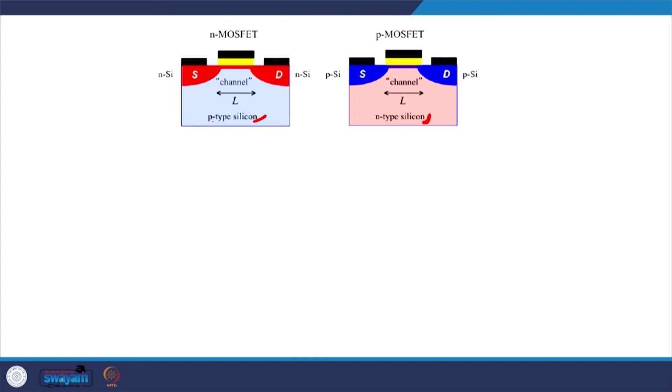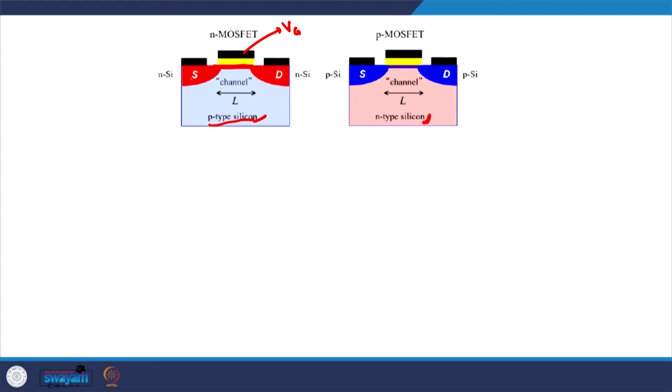When the body is p-type silicon, the channel region that we obtain after the inversion of the material, after we apply a gate voltage here, and we will apply a positive gate voltage in this case, will pull a lot of electrons to the interface between the oxide and the body, and that will make an n-type channel.